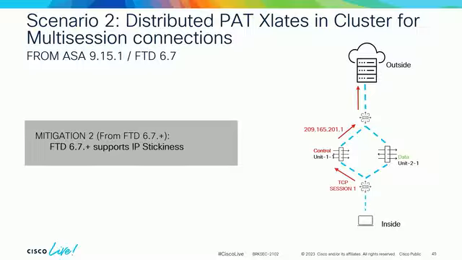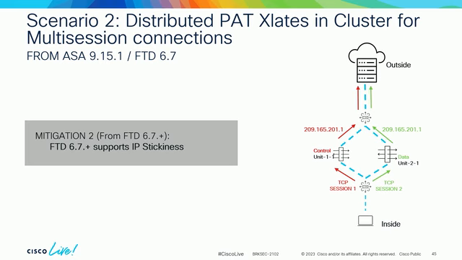When the connection goes through a different unit, then the same will happen. The unit will run the stickiness algorithm, and it will determine that the 201.1 will be used for translating the traffic, which will result in traffic coming from the same host getting translated to the same IP address, regardless of the unit in the cluster processing that connection.